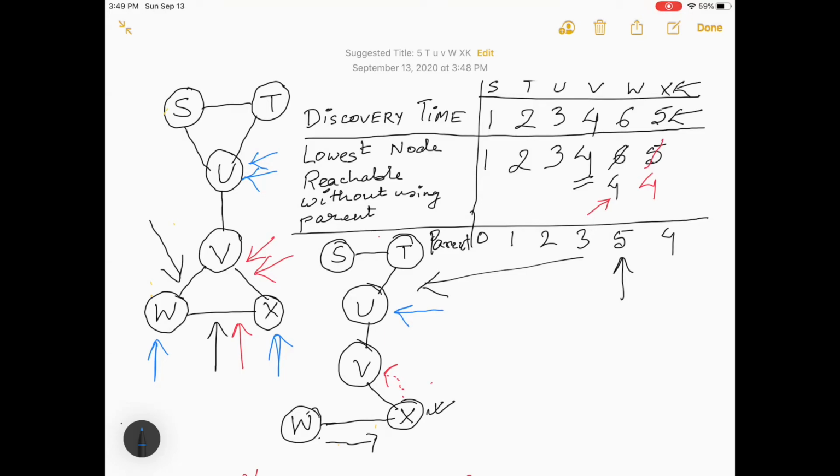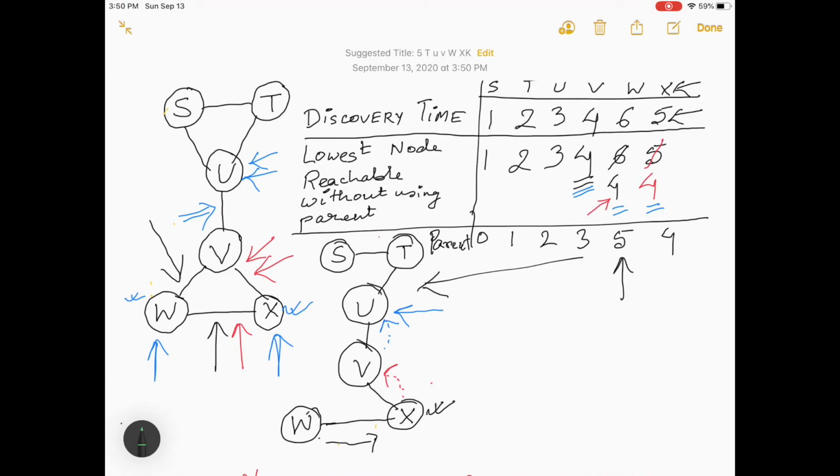So we will see what the earliest reachable node for X and W is, and we see for both of them the earliest reachable node has the discovery time of 4, and V has the earliest node with the discovery time of 4. So we take the min and it still stays the same. So now we backtrack to U.